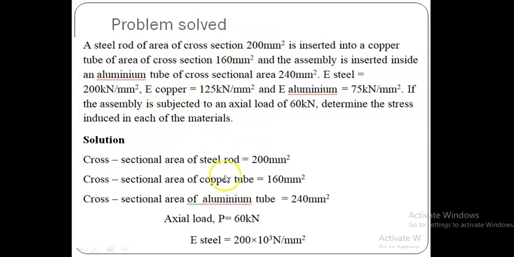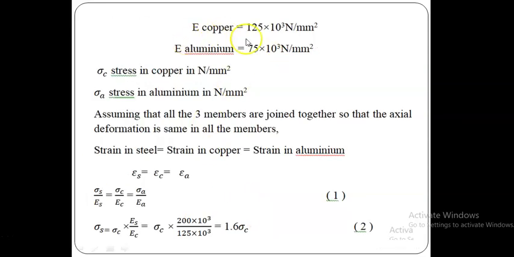The cross-sectional area of the steel rod is 200, copper tube 160, and aluminum tube 240. So let us find. The axial load is given, and E for each material is also given. Now let sigma C be the stress in copper and sigma A the stress in aluminum. Assuming that all three members are joined together, the axial deformation is the same in all members.